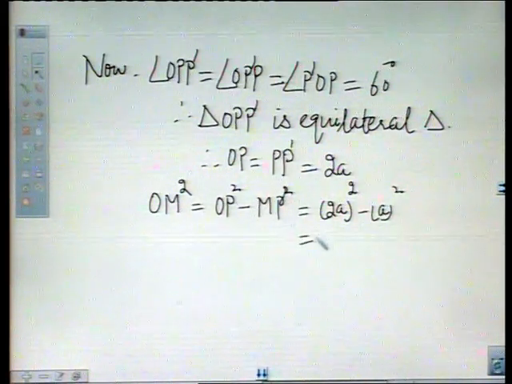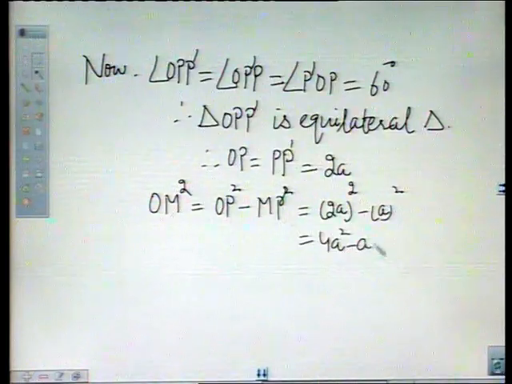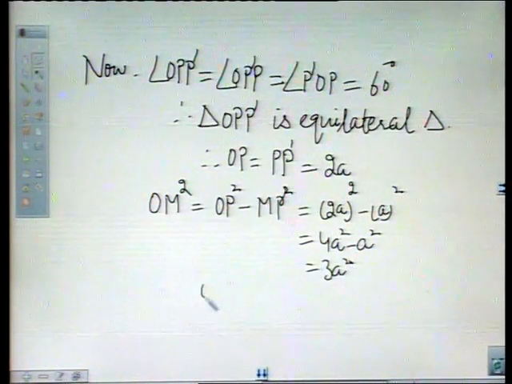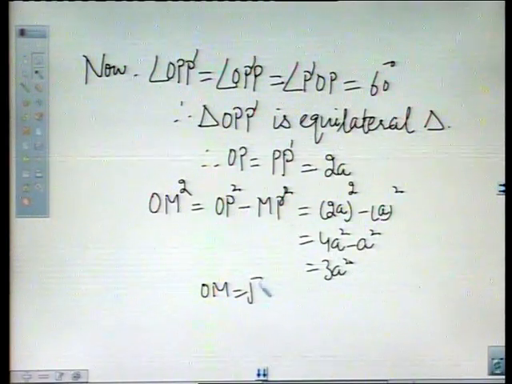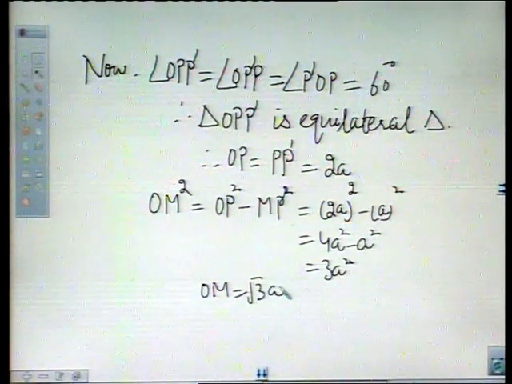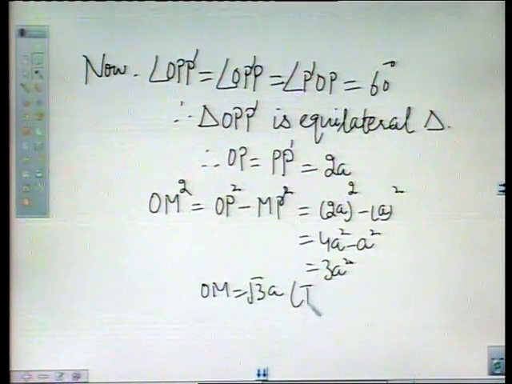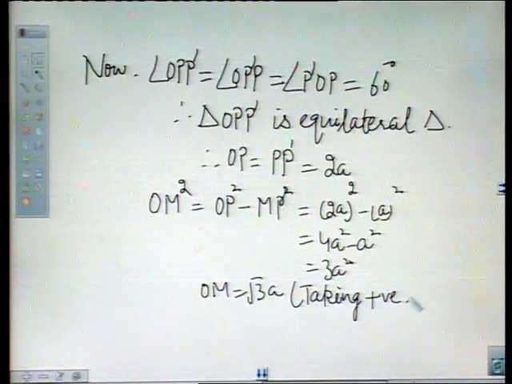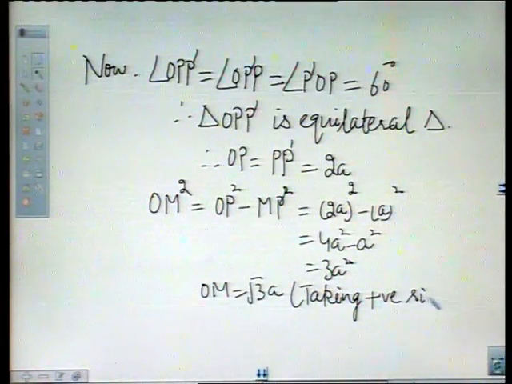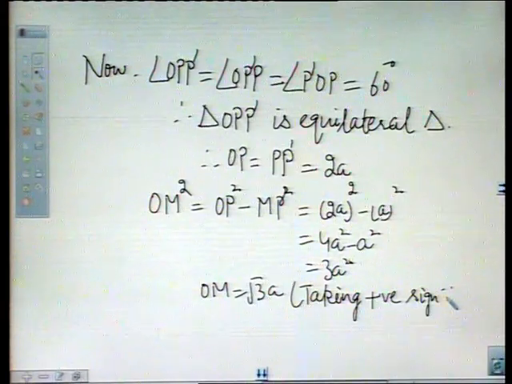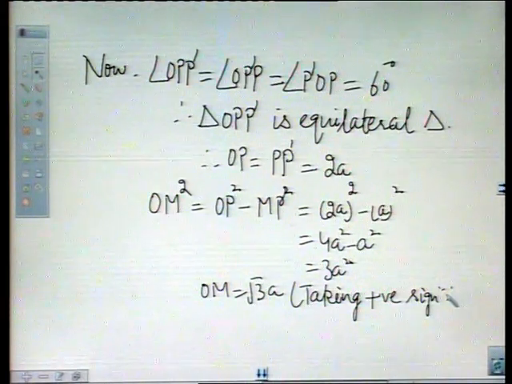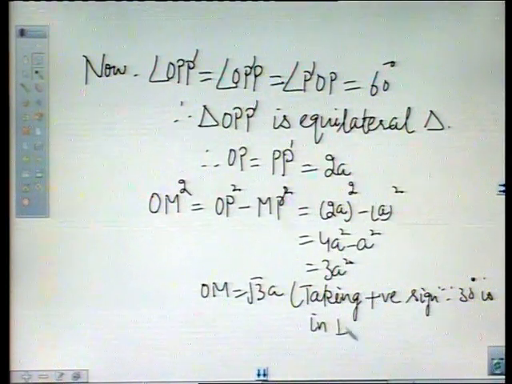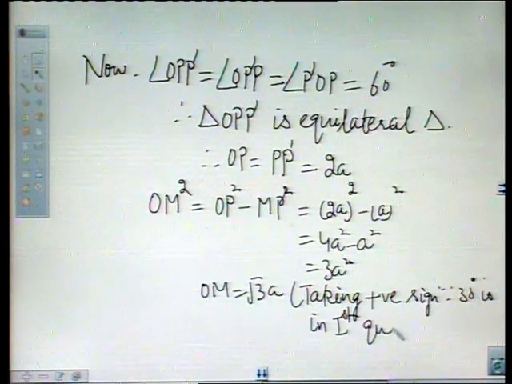This is equal to 4A square minus A square, which is 3A square, so the value of OM we take as under root 3 A. Taking positive sign. Why are we taking positive sign? Because 30 degrees is in the first quadrant.